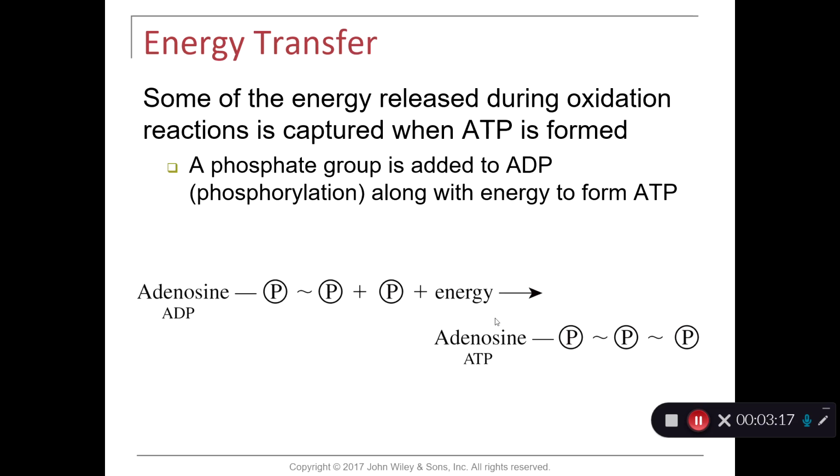ATP, again, wonderfulness. Now, how does ATP store energy? Well, it does it via phosphorylation. Phosphorylation is when you're adding a phosphate onto it. For instance, in this little graph, you'll see adenosine with two phosphates on it. It's ADP, adenosine diphosphate, di meaning two.